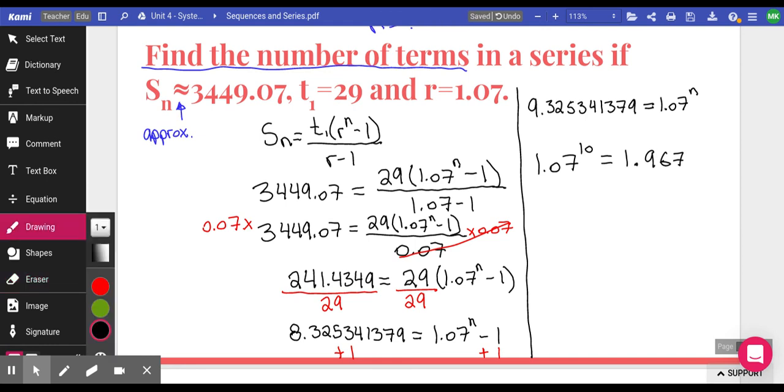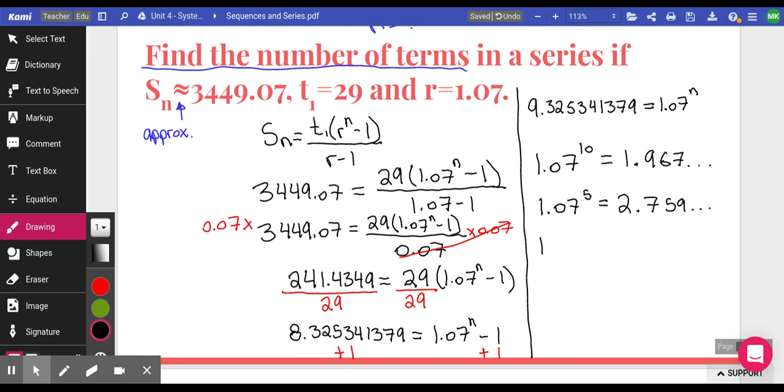I'm still very far away from my answer of 9.353 when I did the power of 10. So I'm going to try a much bigger exponent, like 15. So 1.07 to the power of 15. We'll see what happens. And I get 2.759, and so on. I'm still quite a ways away.